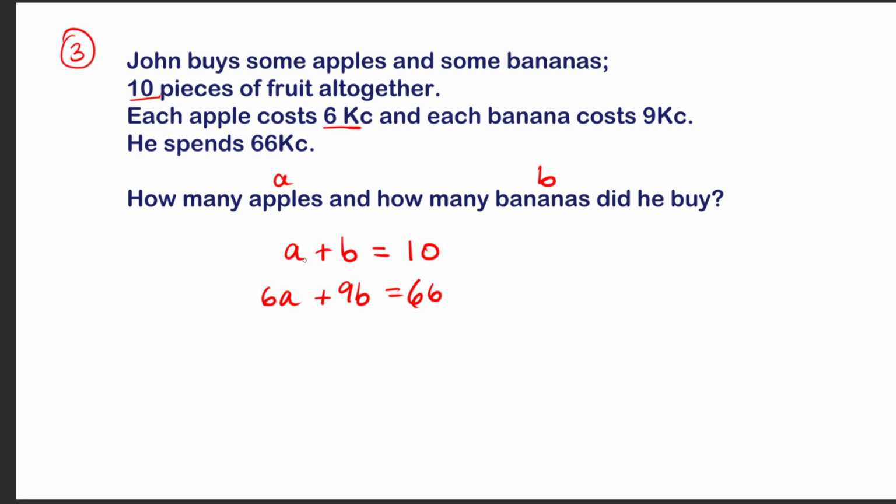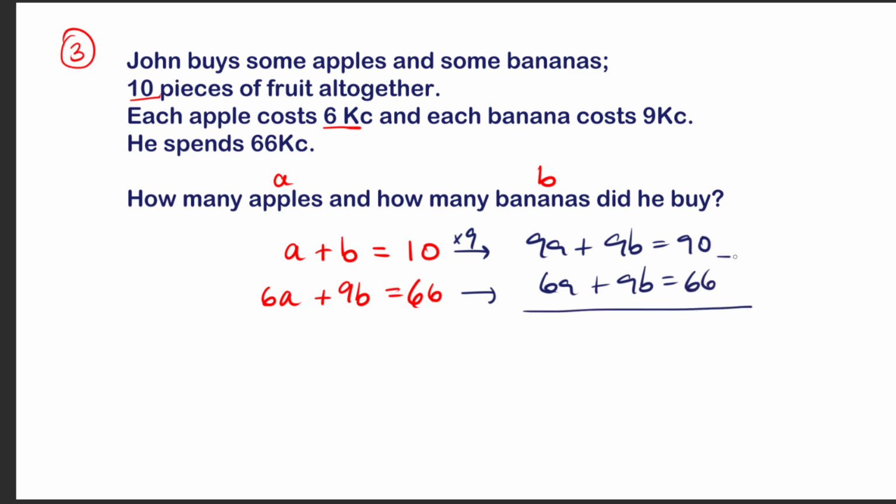Okay, so we've made our equations from the information they've given us. Now we have to solve it. So in this case, we can just times the top one by, let's say, 9 and keep the bottom one the same. So 9 apples plus 9 bananas is 90. Keep the second one the same. And of course, if we subtract those, the bananas will cancel out.